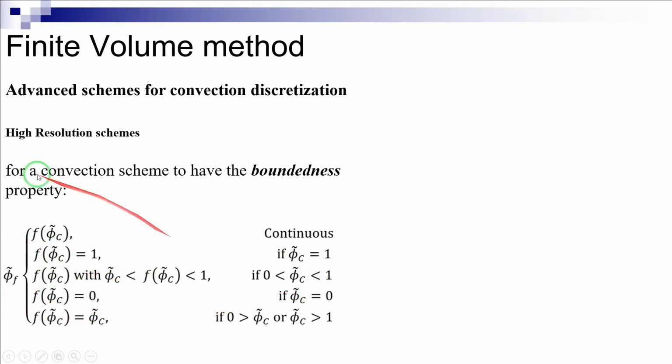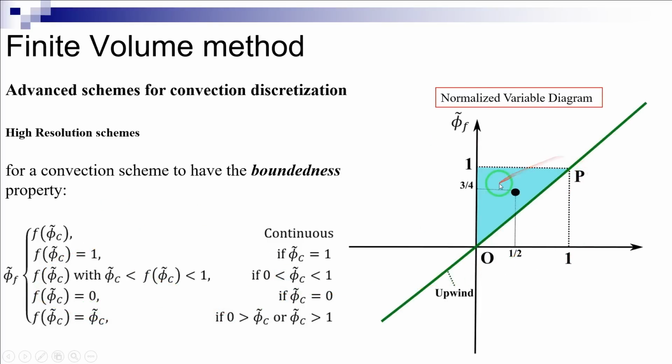Thus, again, for the convection scheme to have the boundedness property, its functional relationship should be continuous, should be bounded from below by the normalized phi value at c and from above by unity, and should pass through the points 0, 0 and 1, 1, should pass through the upper triangular region in the monotonic range, i.e. for phi tilde c between 0 and 1, and for phi tilde c greater than 1 and less than 0, the functional relationship should be equal to phi tilde c. This criterion is shown in this figure.